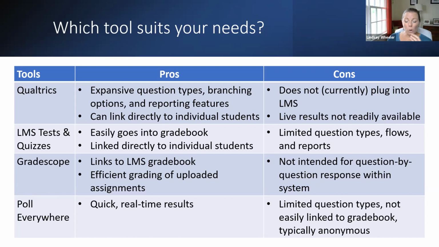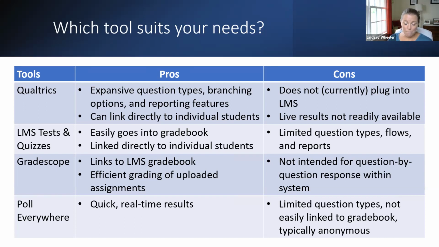And so Qualtrics kind of suits the needs of some of these things. And so it can be helpful depending on what you want to do. So if you were really interested in doing surveys with more complex types of questions, with those branching, and getting feedback from students, that might be one way to go about it.